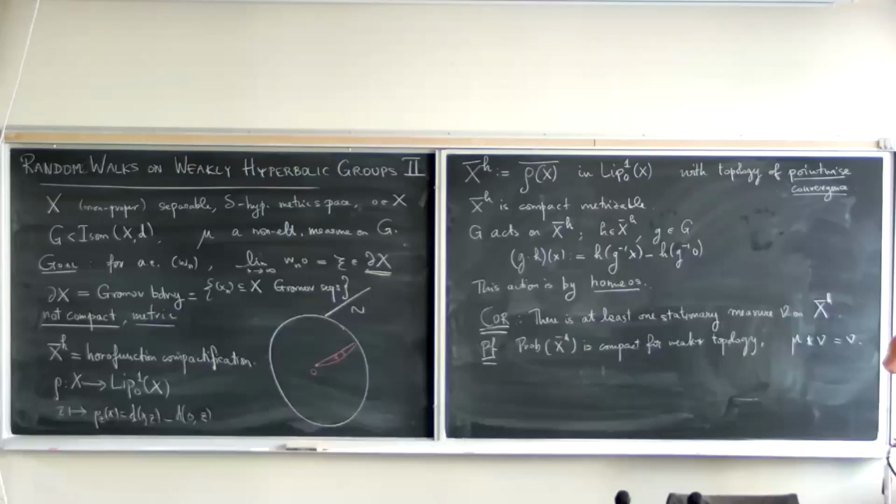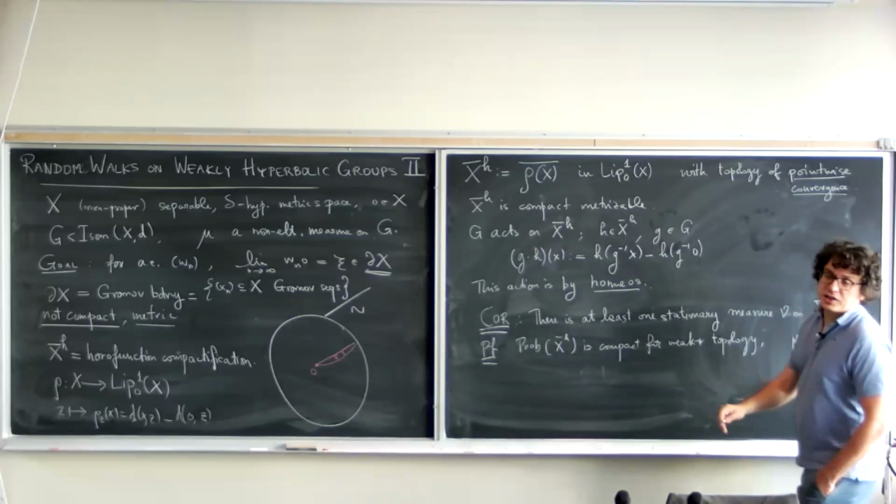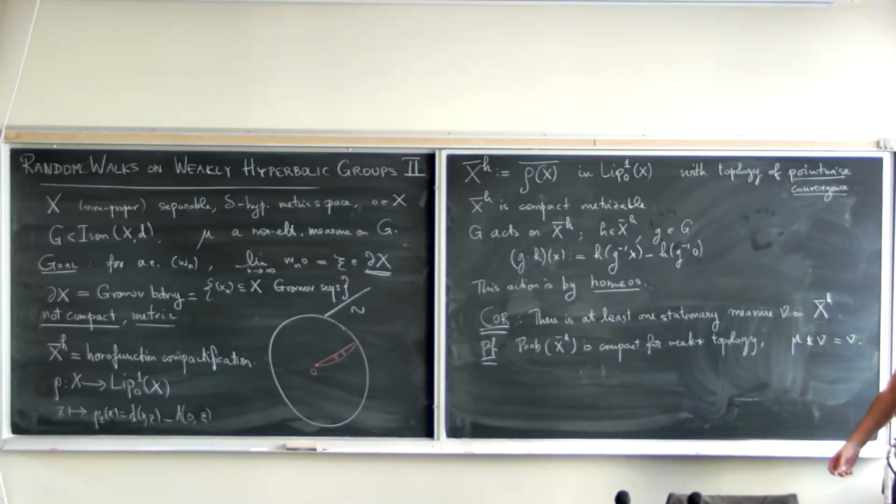When you look at the space of probability measures, do you always take the Borel sigma algebra? Yeah. This again is a compact metrizable space. As a topological space, it is just as good as any compact metric space. It comes with the topology, it comes with open sets, it comes with the sigma algebra of Borel sets.